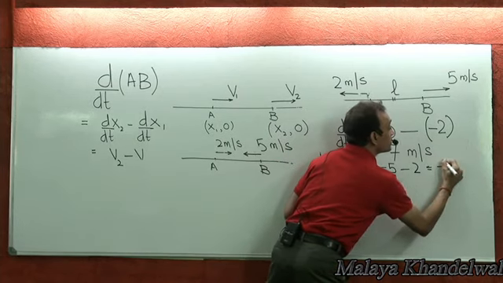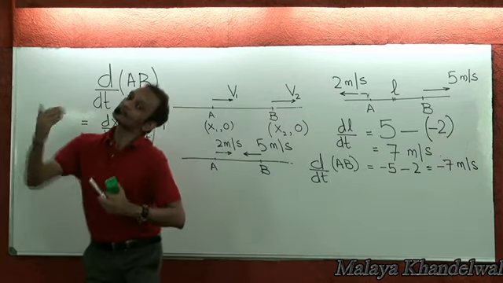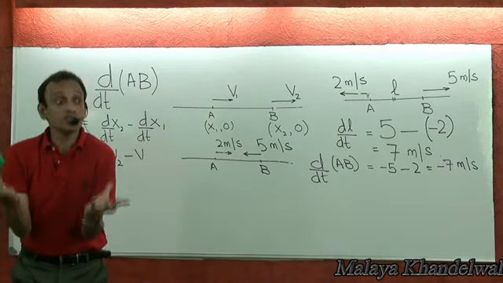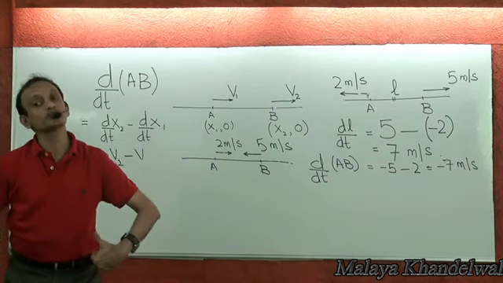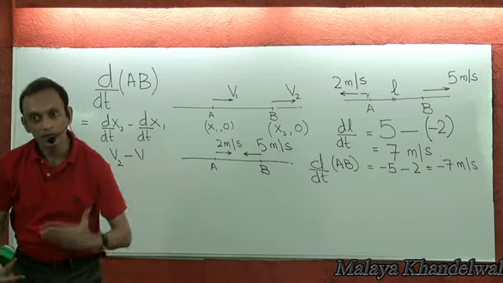So that makes it minus 7 meters per second. Negative would mean that L is decreasing with time. If dL/dt turns out to be positive, it means L is increasing with time. If dL/dt turns out to be negative, that means L is decreasing with time. This is what it means. Clear?